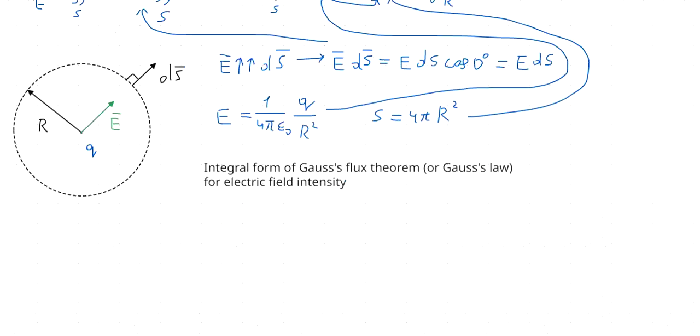For every closed surface, we have that electric flux is equal to charge inside the closed surface. Q_S means charge inside the closed surface.